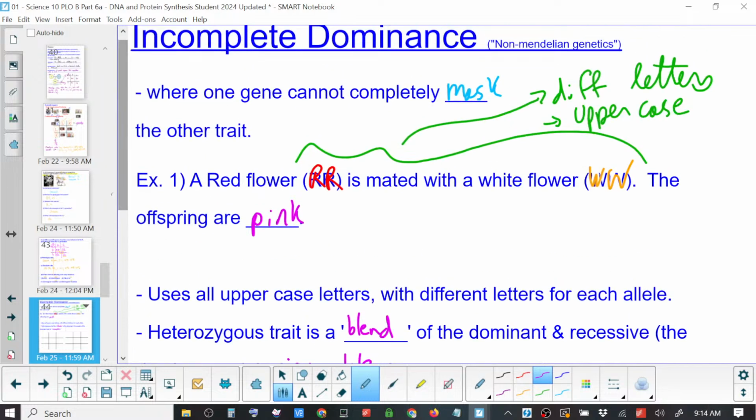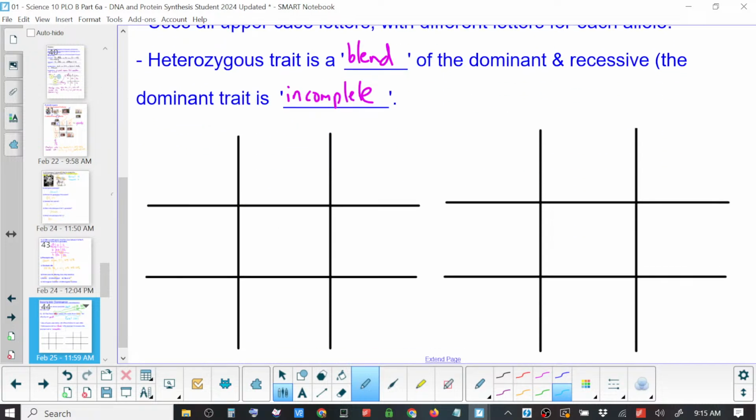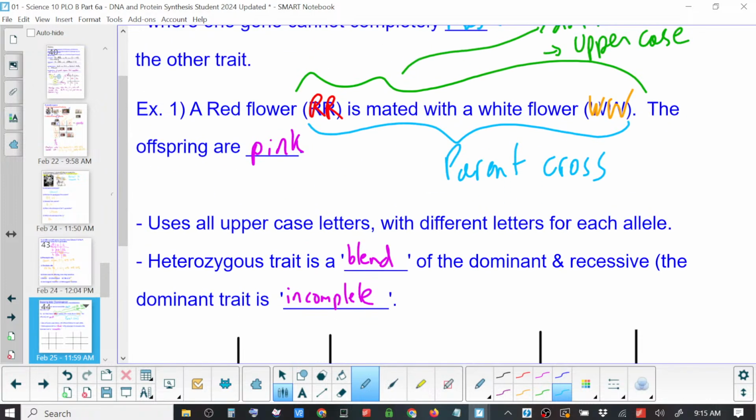So this is our parent cross. What's the parent cross? RR and WW. Yeah, I'm just saying that is going to be our parent cross.